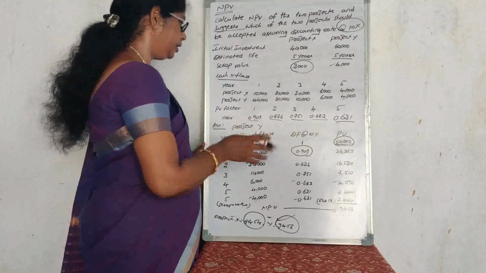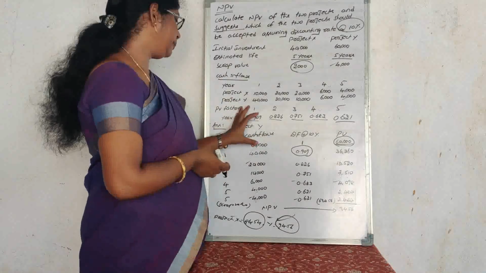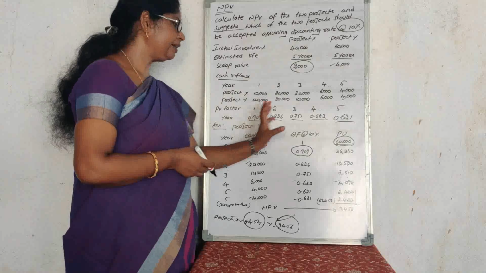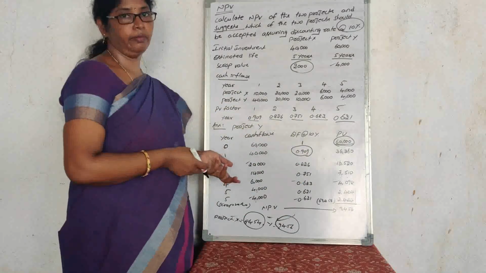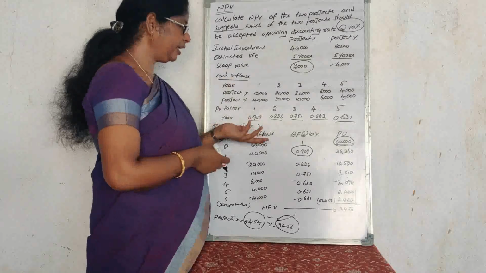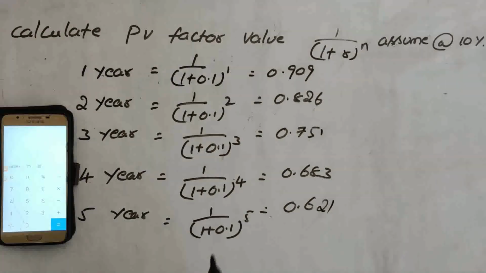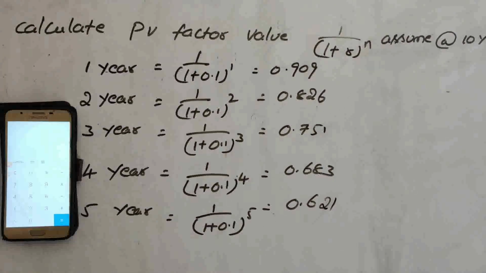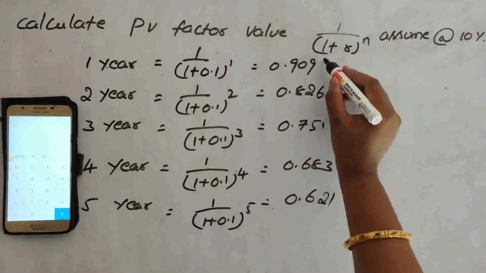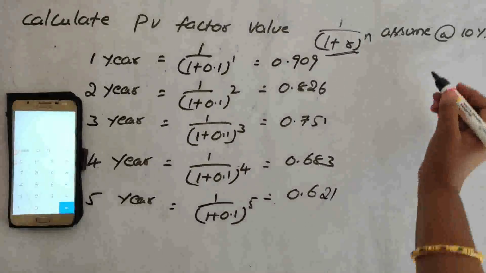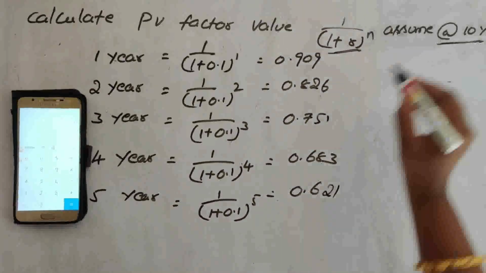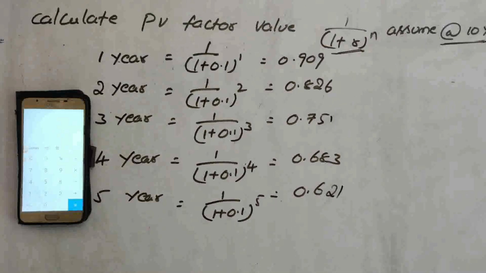Okay. When they have given the PV factor values, we can take them directly. But if they are not given in that problem, what will we do? I will give the explanation. If the PV value is not given in the problem, we can calculate it with the help of this formula: 1 divided by (1 plus r) whole power n. Here we are assuming a 10% discounting factor value.